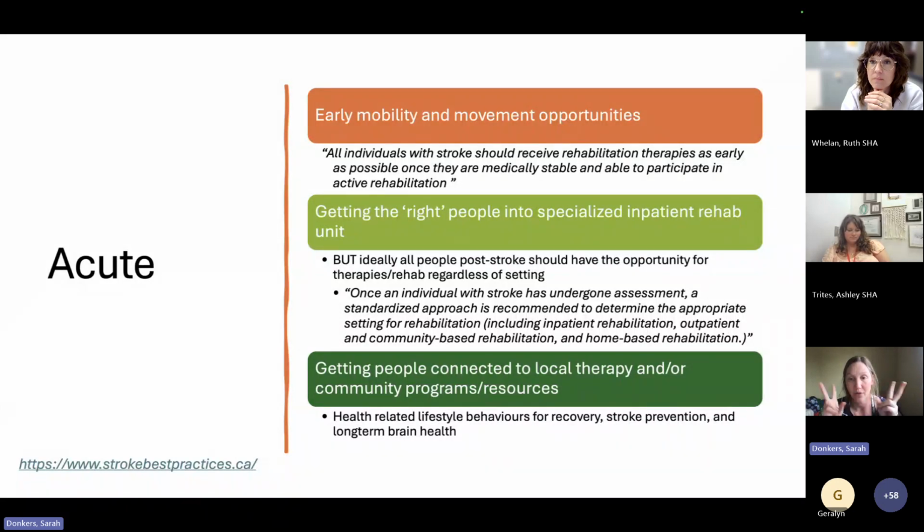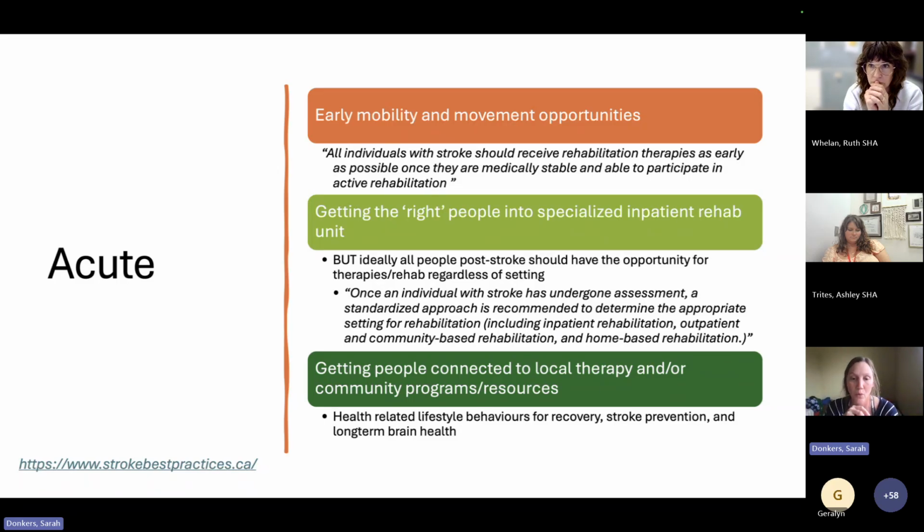We do still want to get the right people, so there is some suggested intake criteria into our inpatient rehab units. But I put the actual statement here so that we can see they're telling us that we can get all people into rehab wherever the setting is. So including inpatient, outpatient, community programs, or home-based programs.